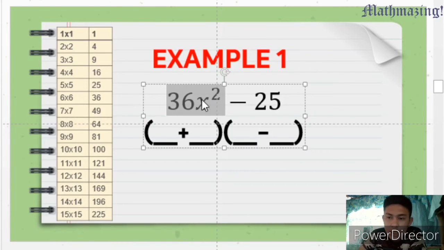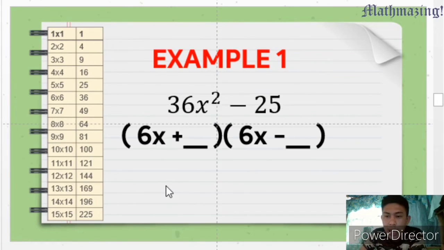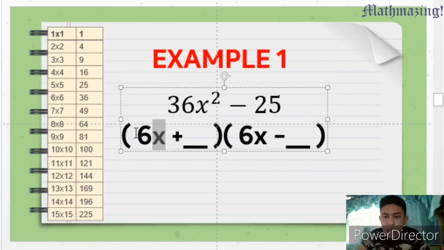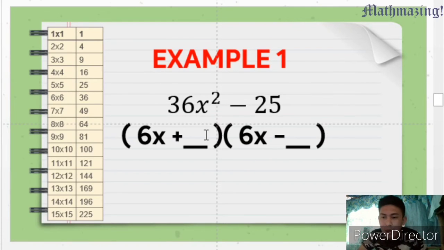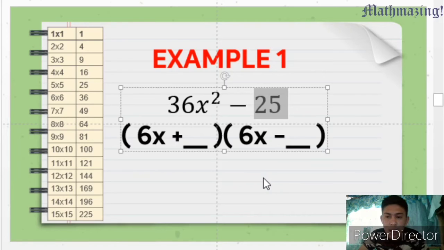Next natin, we have to get the square root of the first term. So the square root of 36 is, dito natin titignan. So we have 6. Then the square root of x squared is x. Ayan. So we have to put 6x to the first term of our parenthesis. So dito natin siya ilalagay. Ayan. Then dito natin ilalagay. Next natin, para makuha natin yung second blanks natin, we have to get the square root of 25. So tignan natin dito, we have 25.